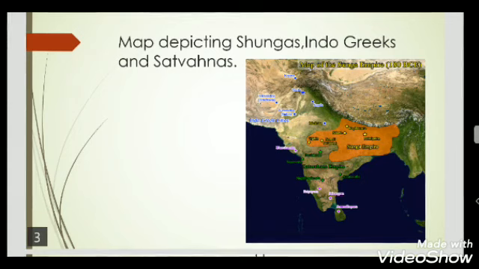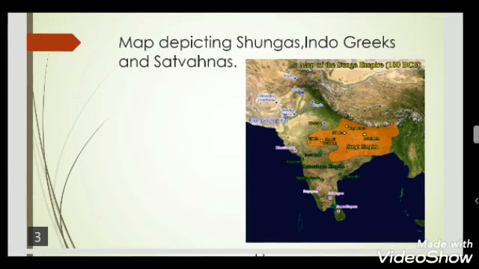Then we also mentioned that his successors were quite weak compared to the original three, that is Chandragupta Maurya, Bindusara and Ashoka, who had a lot of impetus to expand the frontiers of the Mauryan Empire.